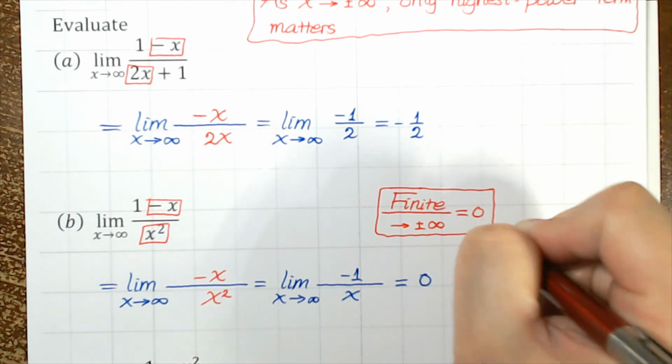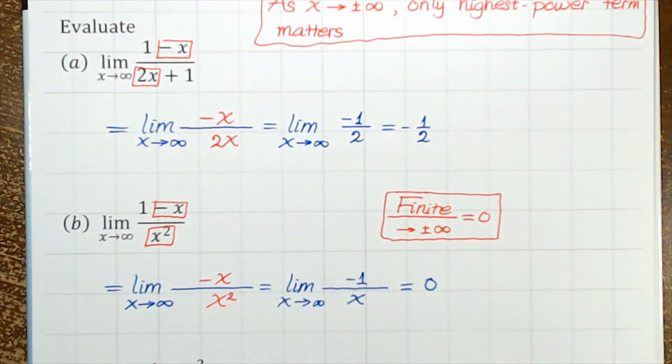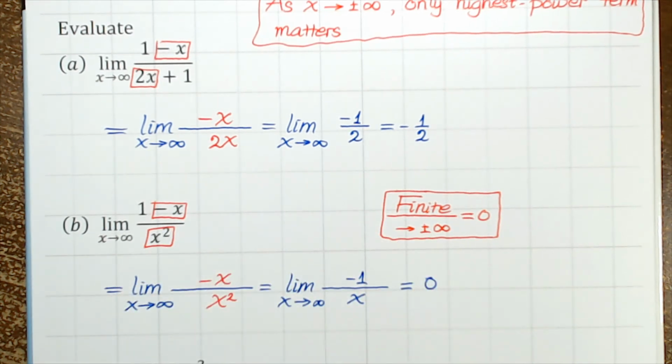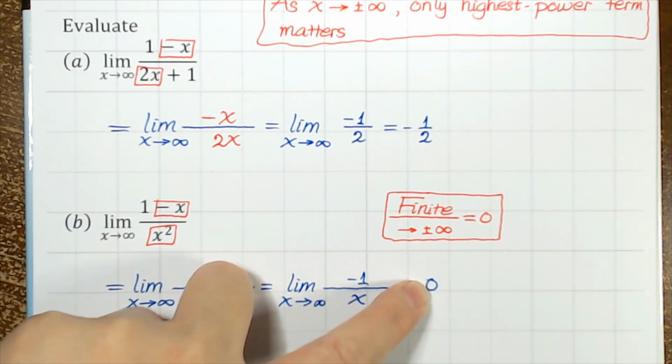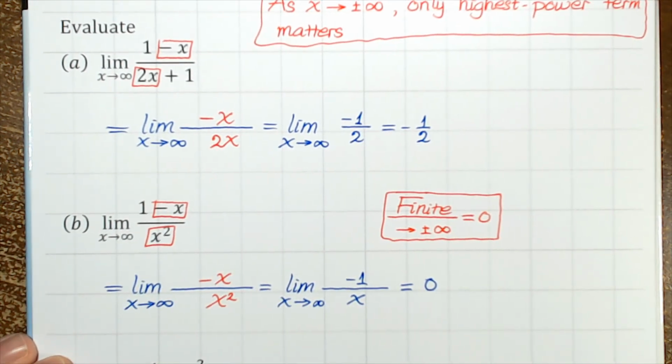So if we have a finite number and divide by an infinite amount, that will be equal to 0. Positive or negative doesn't really matter. As here we have a negative, it would end up with negative 0, which is still 0.